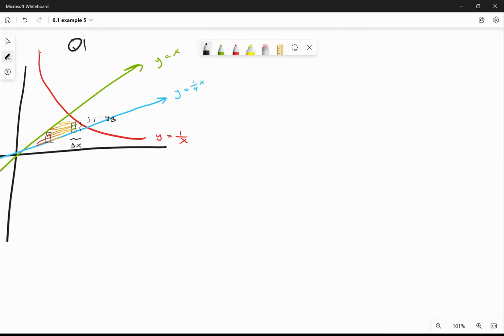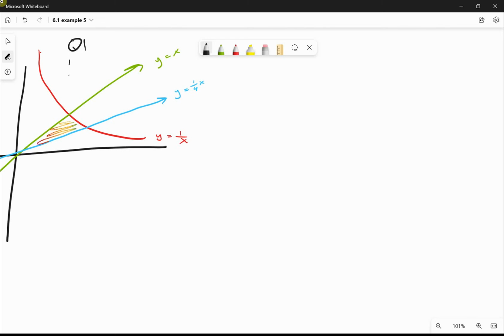What you might notice here is that what's on top and what's on bottom changes, similar to one of the examples that we already covered. I believe that was the second example. And so we have to figure out where this happens.